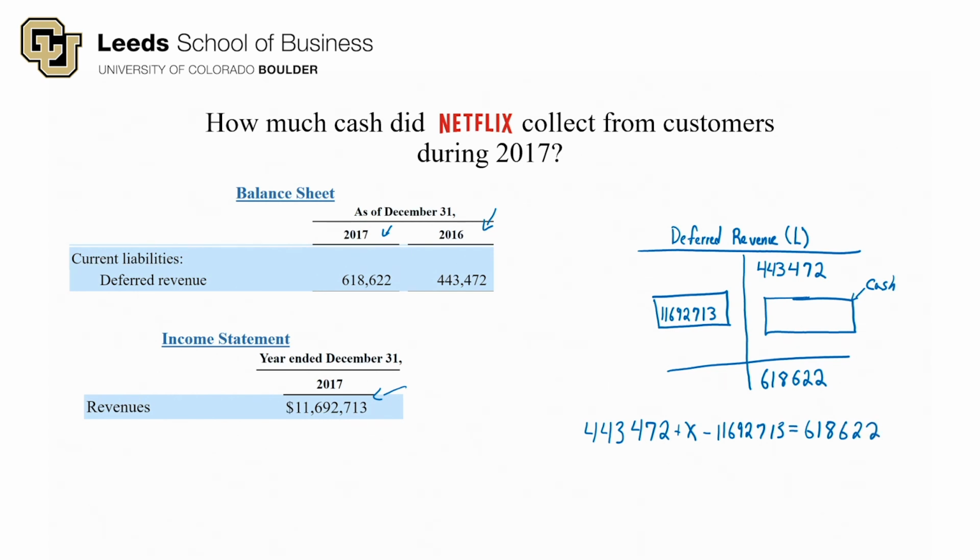And all that's involved is solving for X in this equation. And if you solve it out, you will find that X is equal to 11,867,863. That should be the solution, and that is the answer to how much cash was collected from customers during 2017 for Netflix.